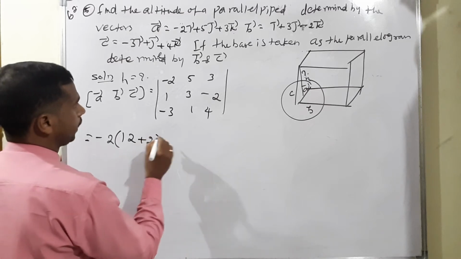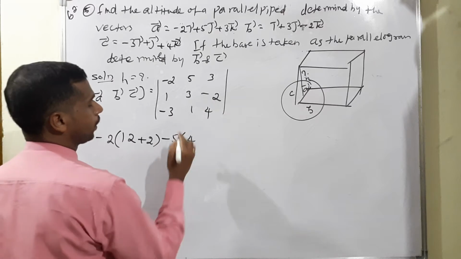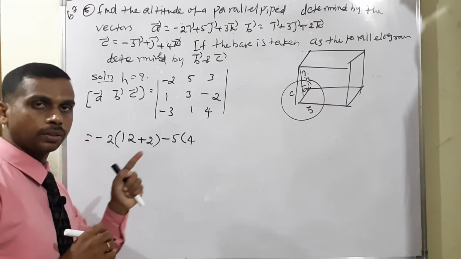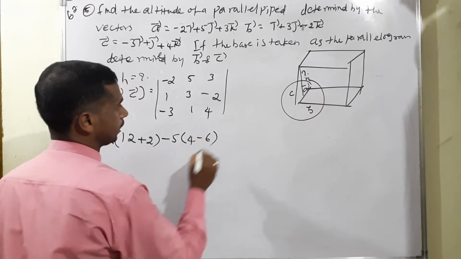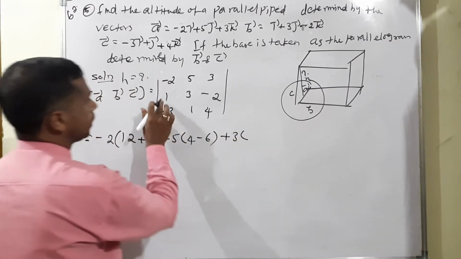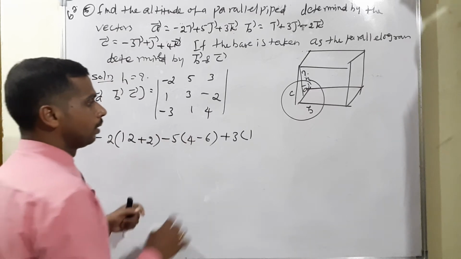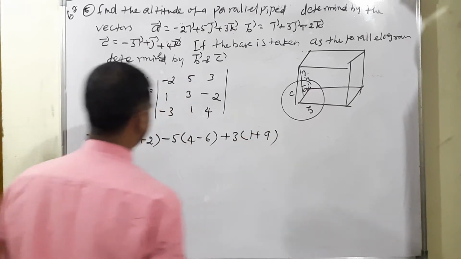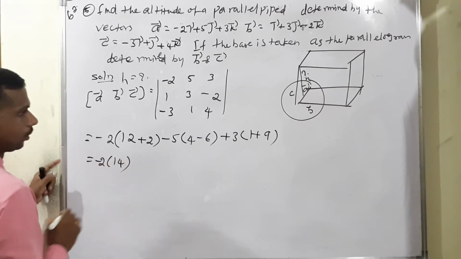Next -5: 1 into 4 is 4, -3 into -2 is positive 6, but cross multiply means an extra minus will be added, so we write -6. Then +3: 1 into 1 is 1, -3 into 3 is -9, cross multiply, positive 9 will come.